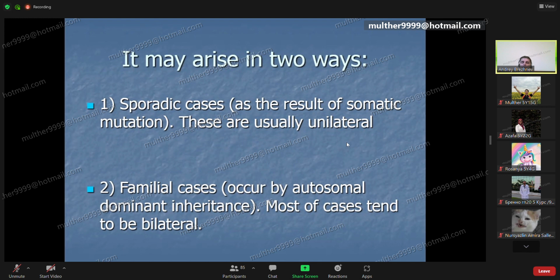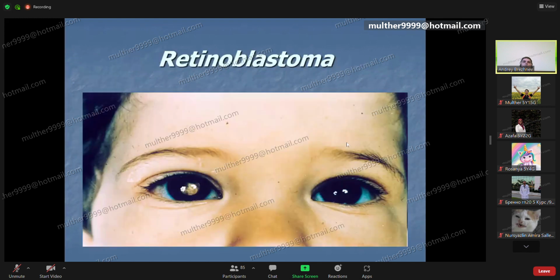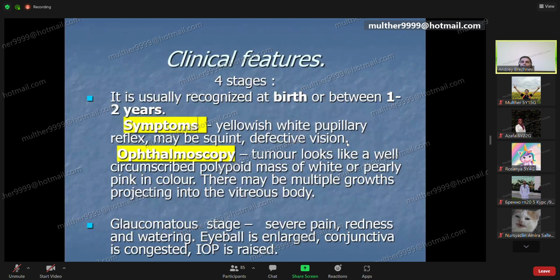Clinical features. Retinoblastoma can be divided into 4 stages. It is usually recognized at birth or between 1 to 2 years. One of the first symptoms is a yellowish-white pupillary reflex, maybe squint, and defective vision.